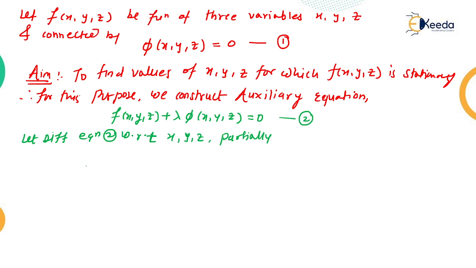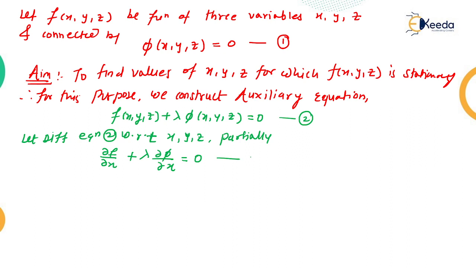Differentiating equation 2 with respect to x, we get del f by del x, because the other variables are constant and their derivative is 0, plus lambda into del phi by del x, where y and z are constants, and this is equal to 0.